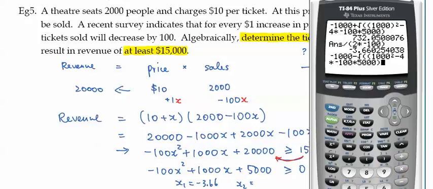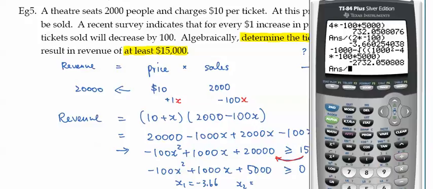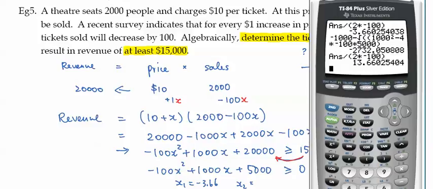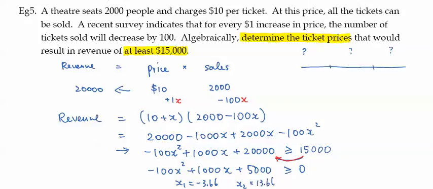And I will divide this by 2a again. Let me do it one at a time. Divided by 2 times a. This time we end with 13.66. These are the two numbers that will go to the number line.